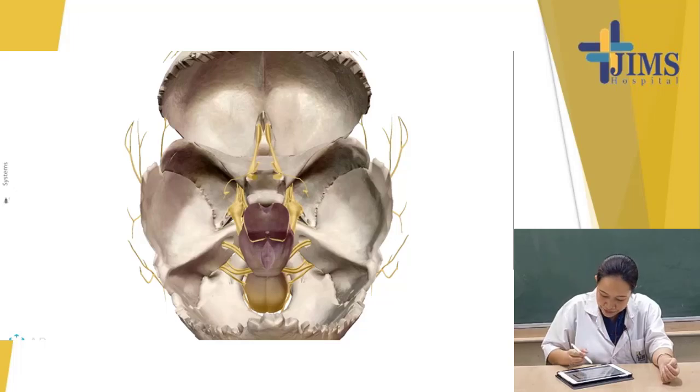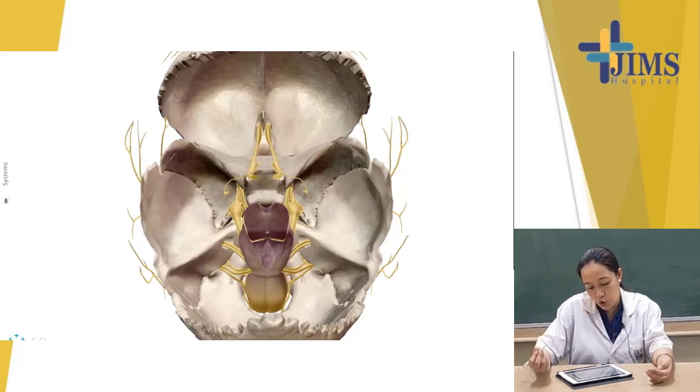So, here you can see we have the cavernous sinus here. On the anterior part of the cavernous sinus, it will divide into the superior ramus and the inferior ramus. It passes through the superior orbital fissure. The superior orbital fissure is divided into 3 compartments by a tendinous ring present here.